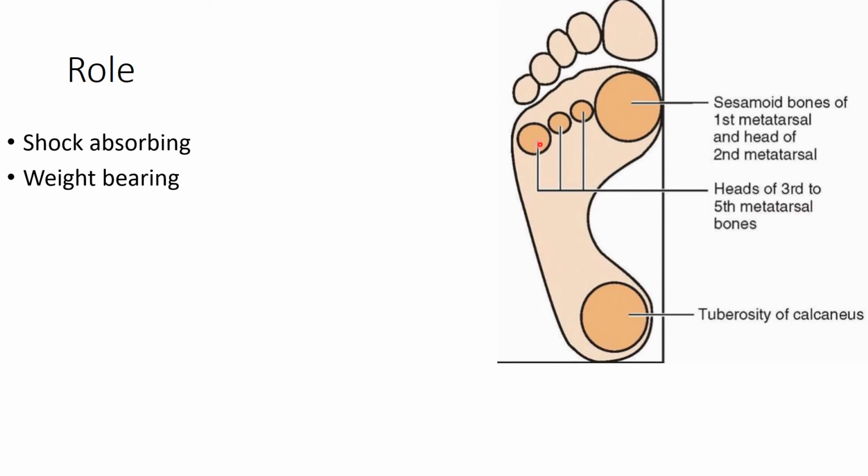So these are the 4 points of contact that it makes with the ground. And this first metatarsal supports the major share of the load, and the lateral ones are only for providing balance.